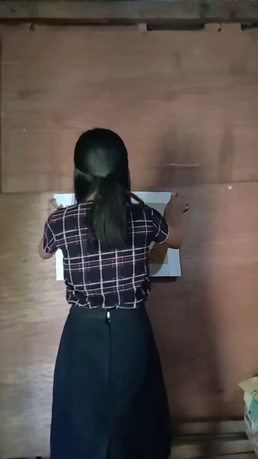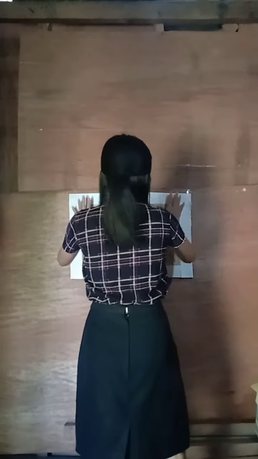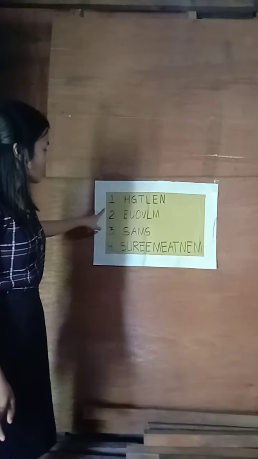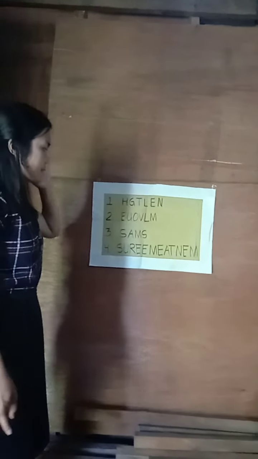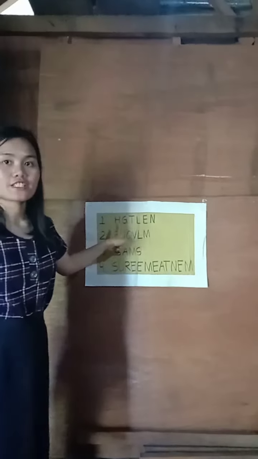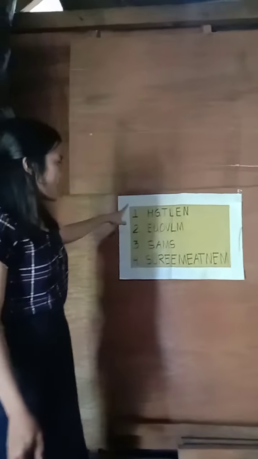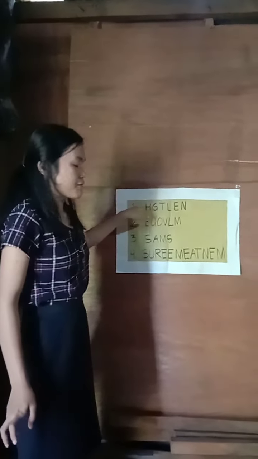Okay, now, as you can see, there are 4 jumbled letters wherein you are to arrange them so you could find the mystery word that needs to be found.